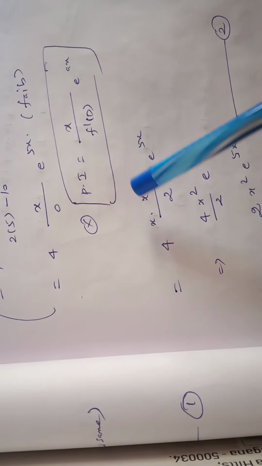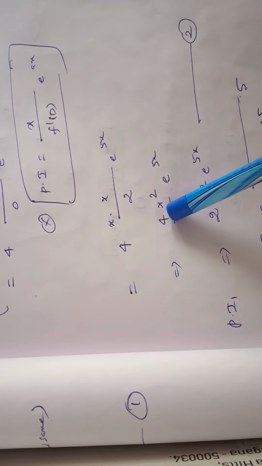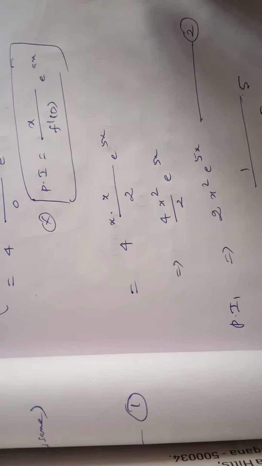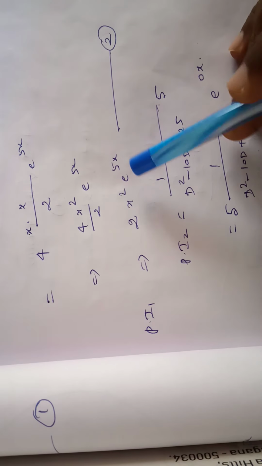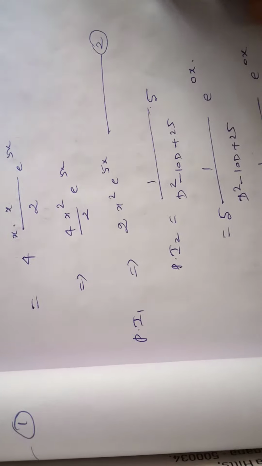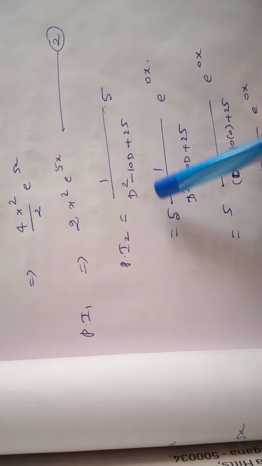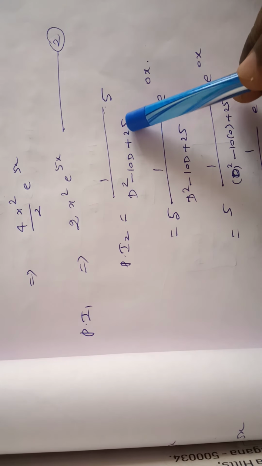This one becomes 0. So x into x by 2 into e^x. So 4 into x² by 2 into e^(5x). 2 cancels. So the particular integral is 2x²e^(5x), which is equation number 2.